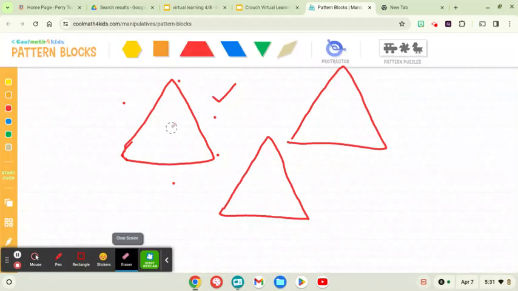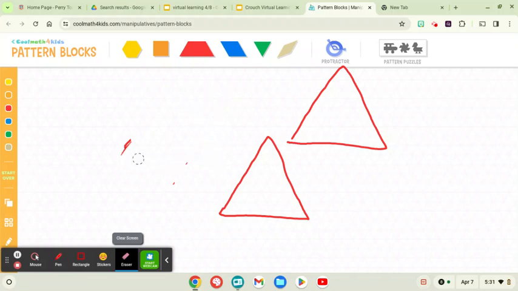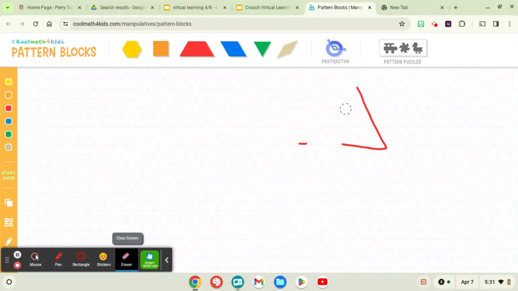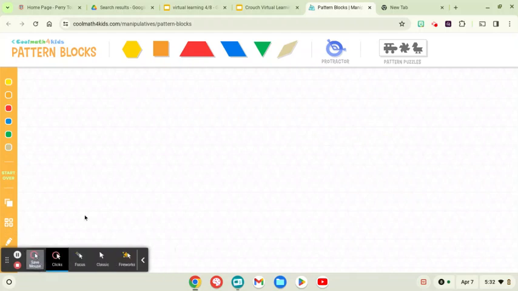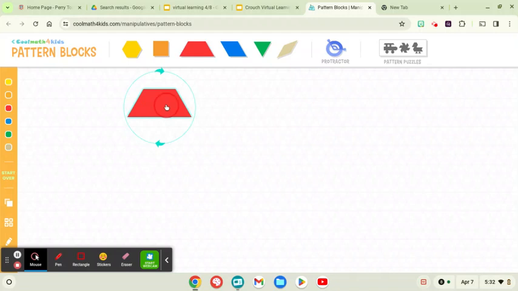I'm going to erase all the stuff that we put on here. I'm going to try to make a trapezoid.